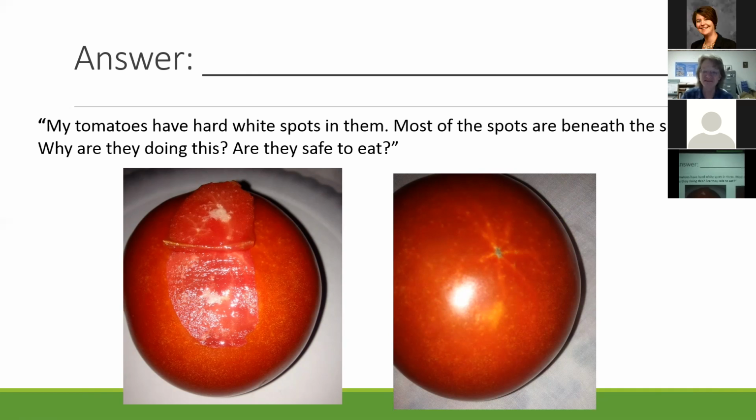And I did recommend that it's fine to send samples to the diagnostic lab. You can either have the homeowner do that themselves, or you can talk to your extension person, and if that's something that they do, then that can be done as well. But that was probably one of my earlier slides. I talked about the diagnostic clinic.